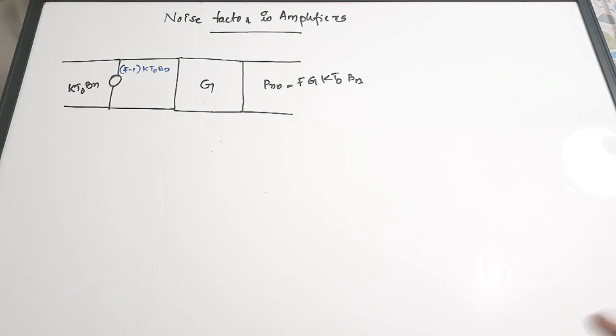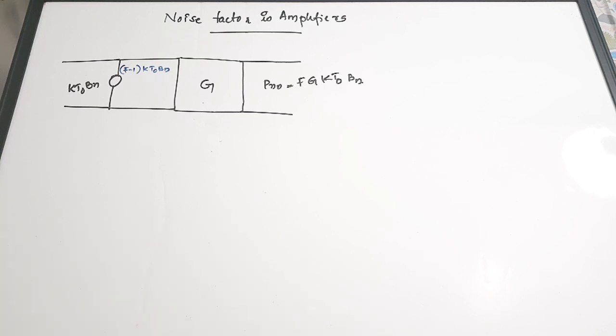Each component individually generates noise, and the total output noise will be the sum total of all these noises, right? But for convenience, that is for derivation or study purposes, we are imagining that this noise is originating from a source of some equivalent power at the input of the amplifier.